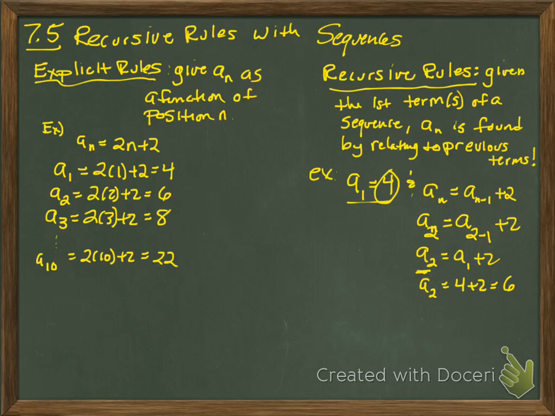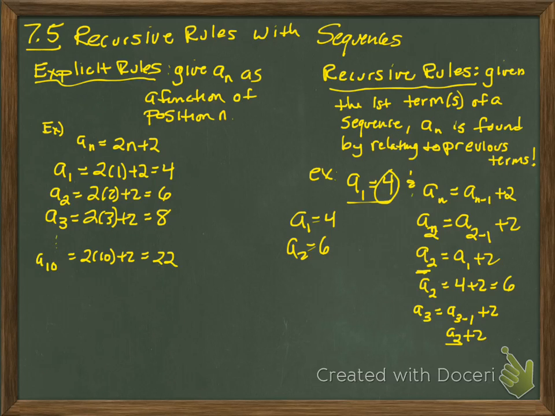Let's write out the terms over here. So far, I know a sub 1 is 4, a sub 2 is 6. Let's see if I can find a sub 3. So a sub 3 would be a sub 3 minus 1 plus 2. That would be like saying I need to know a sub 2, since 3 minus 1 is 2, plus 2. So I need to know what a sub 2 is and add 2 to it.